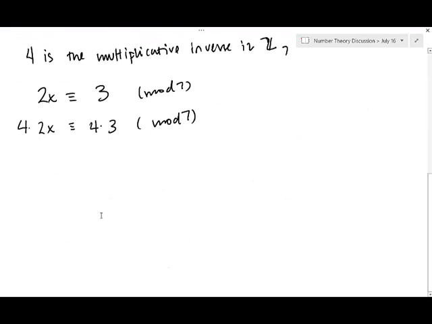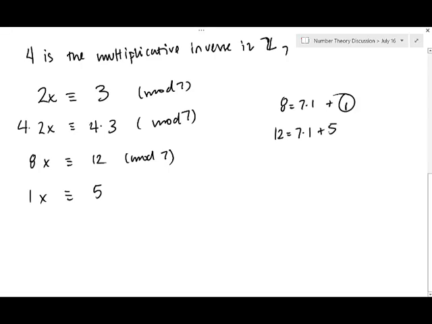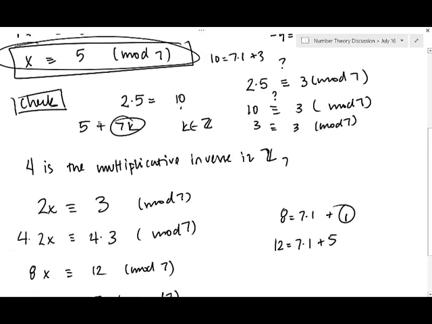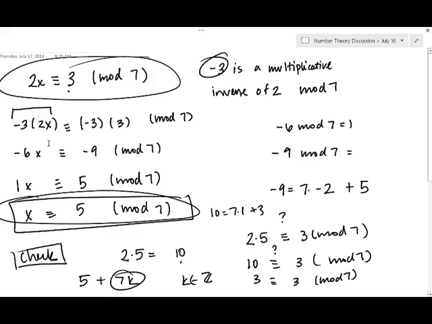This is good to check, triple check. 8x is congruent to 12 mod 7. 8 is congruent to 1, definitely, right? 8 is equal to 7 times 1 plus 1. Our remainder is 1, so 8 mod 7 is 1. 12 mod 7 is 5, because 12 is equal to 7 times 1 plus 5. And boom, we get the same solution. Okay, so hopefully that motivates the extended Euclidean algorithm a little bit.